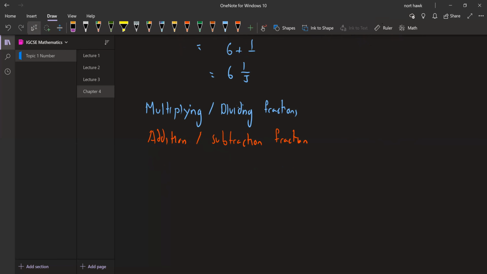So let's say we have a fraction a over b, plus c over d. Then you want to add it. This is how you do it. You have to make the denominator the same. So a here, b here, you multiply a and b by d.